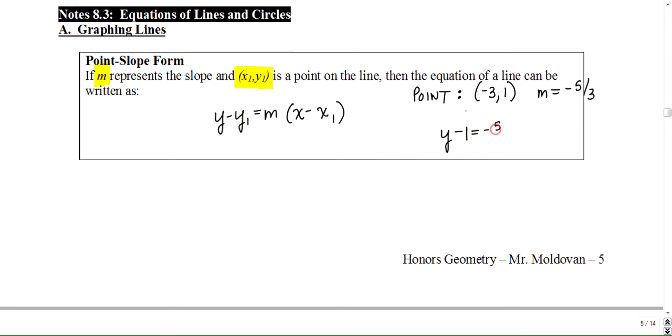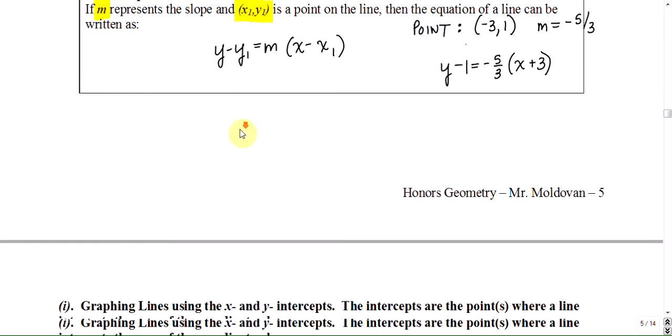So y minus 1 equals the slope times x, and there'll be a double negative here, so I just make it a positive, just like so. Kind of like you see in the slope formula. This would be the equation of a line in point-slope form for the line passing through (-3, 1) and having a slope of -5/3. That's one of the forms that I might ask you to write the equation of a line in.